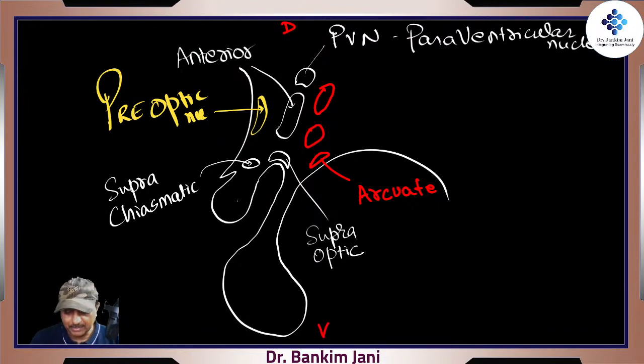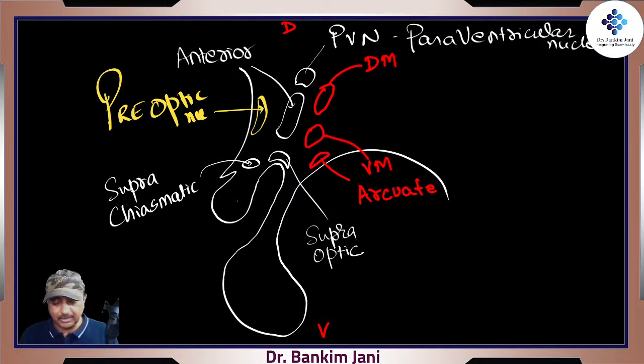Now it helps: this particular one is ventromedial, and this one is dorsomedial. How easy, right? Because they are medially situated. There'll be one more layer outside, which would be the lateral zone, but basically all of them are part of the medial zone. So this red is the intermediate.